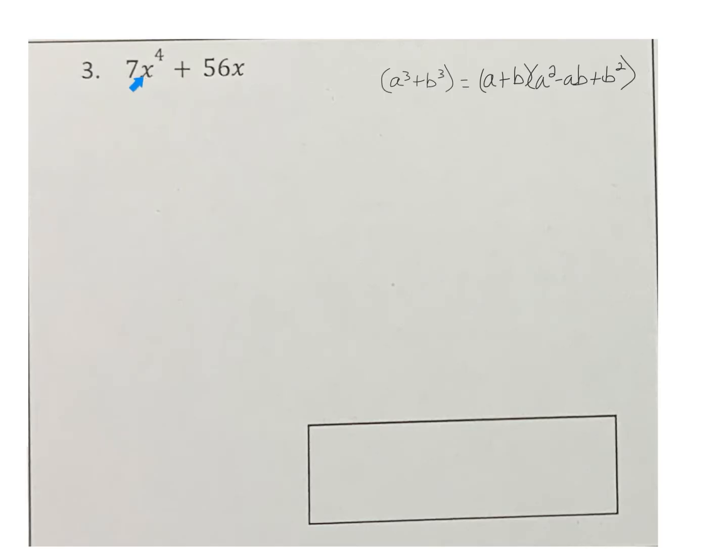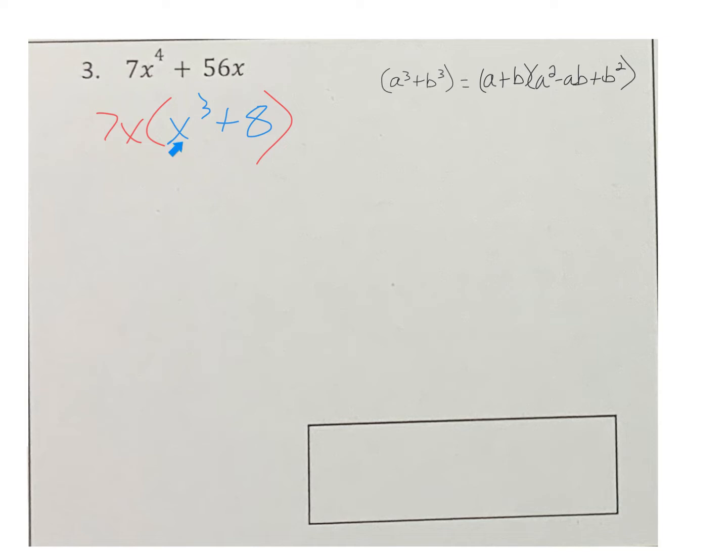All right, so in this one we have 7x to the 4th plus 56x. Again, this is not the sum of cubes, okay, but we could start by factoring out the 7 and the x because they both have an x. All right, so let's factor out 7x, and then what would be left would be x to the 3rd plus 8.